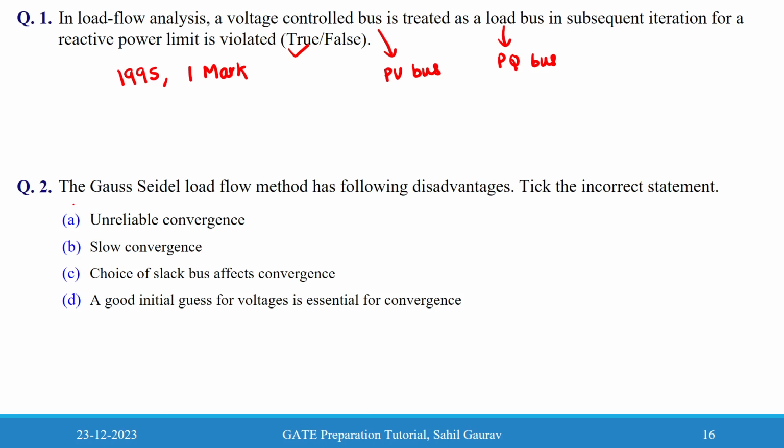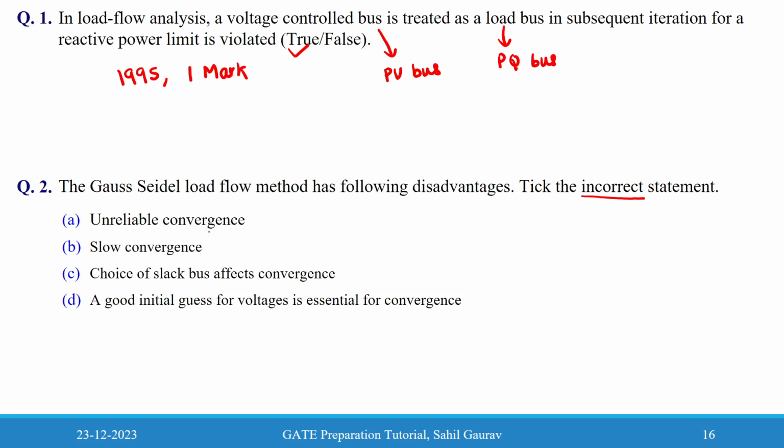And the second problem is that the Gauss-Seidel load flow method has the following disadvantages. Tick the incorrect statement. First option is unreliable convergence. Second option is slow convergence. Third option is that choice of slack bus affects convergence. Fourth option is that a good initial guess for voltage is essential for convergence. Read the question carefully, it is asking about the incorrect statement.